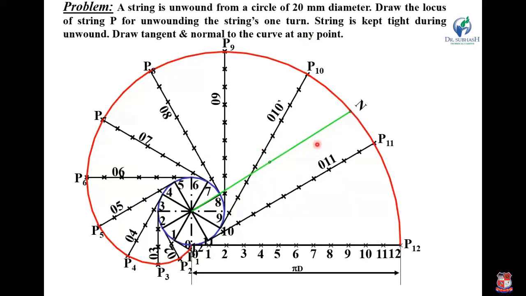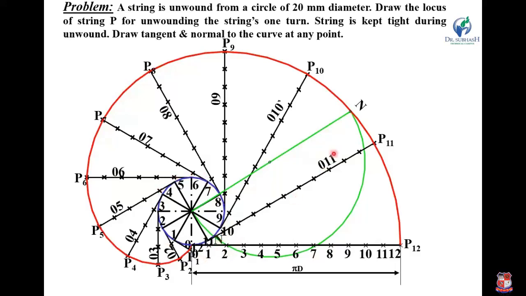Draw a semicircle whose diameter is equal to this line. Now this semicircle will intersect the circle at a point.